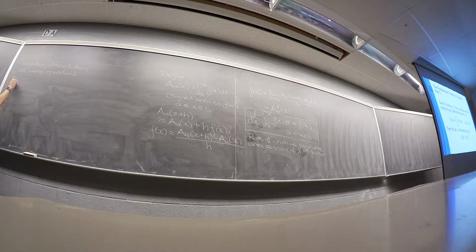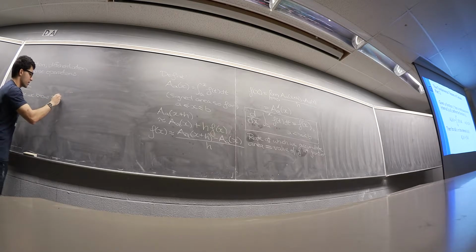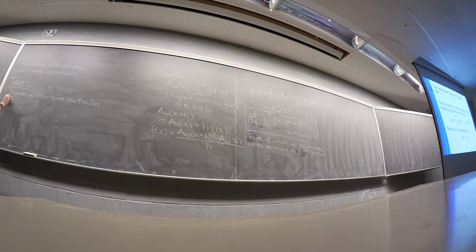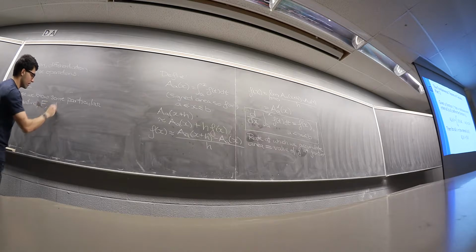Part 2. Suppose we know some particular antiderivative of f. Let's call it big F. Some particular antiderivative big F of f.